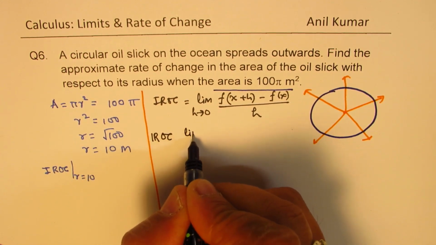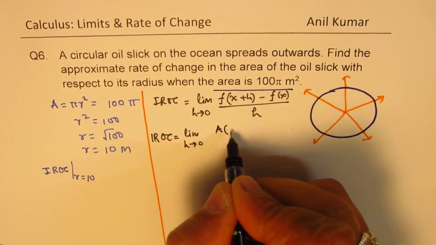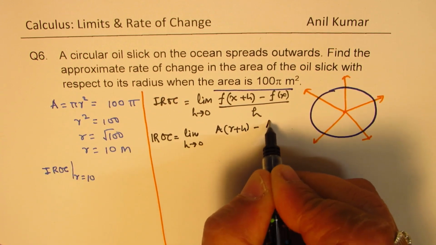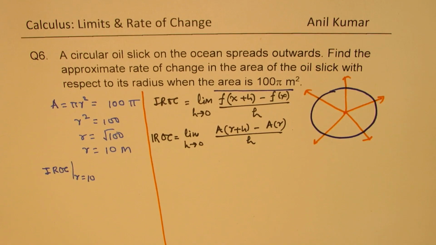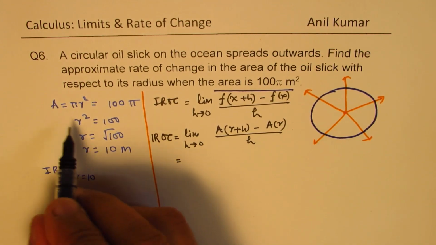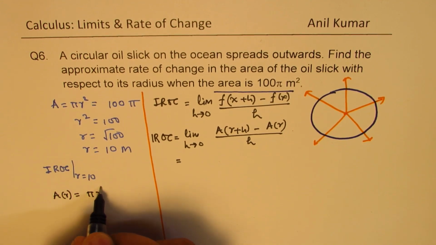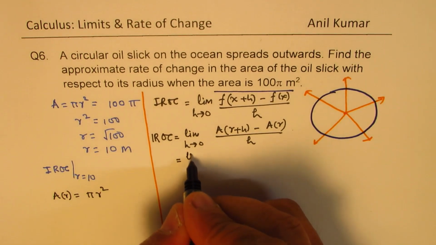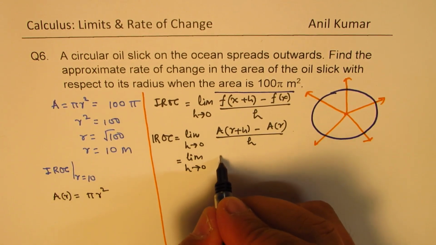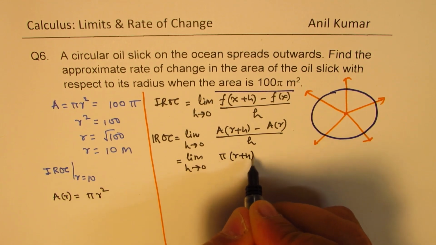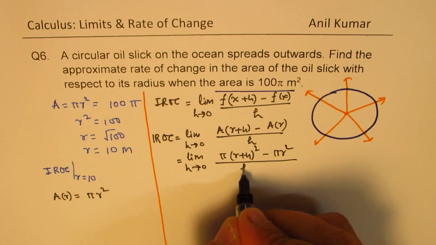So we'll write the limit as h approaches 0 of A of r plus h minus A of r over h. Correct? So in our case, area is pi r square, so the function A of r is pi r square. So we have the limit as h approaches 0 of pi times (r plus h) whole square minus pi r square over h.